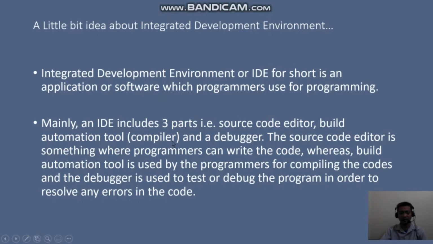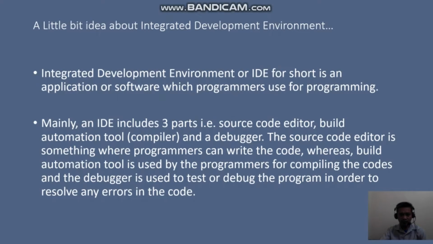It will highlight an error. So the process is, you type the code in the editor, then you compile it, translating it using the compiler. Then if there is an error, the debugger will warn you. The third part is the debugger.